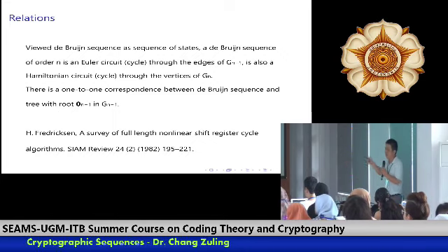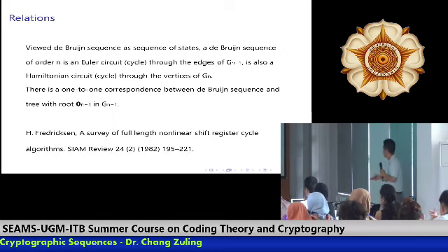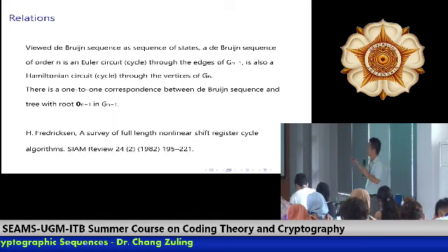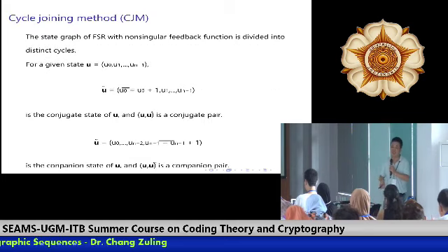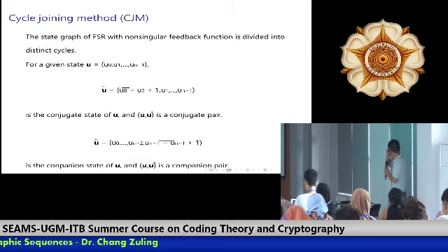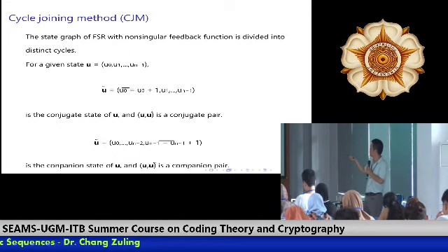It needs a little long time. So these are the relations between sequences and graph theory. Now we consider how to construct a sequence. One famous method is the cycle joining method.